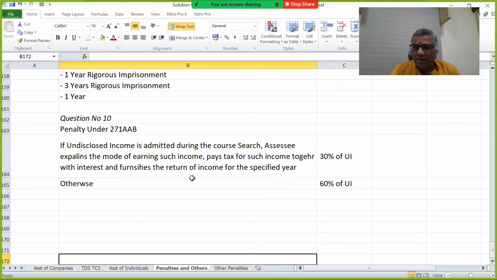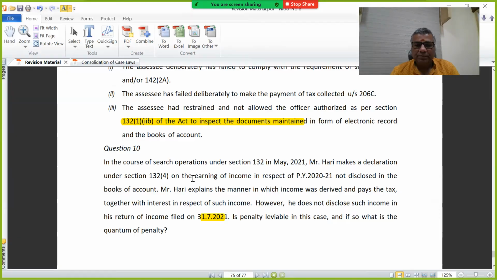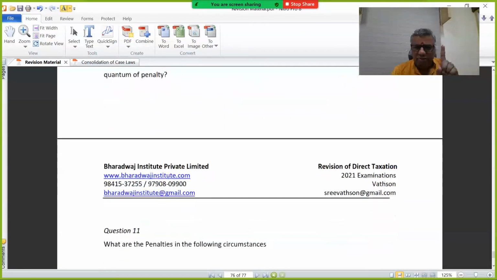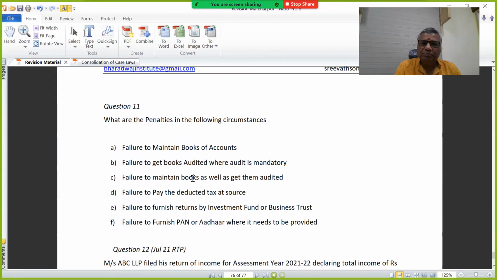Otherwise, where the mode of earning is also stated, and along with tax and interest he pays and furnishes it in the return of income, 30% is the penalty, and otherwise 60% is the penalty. They have asked this once.